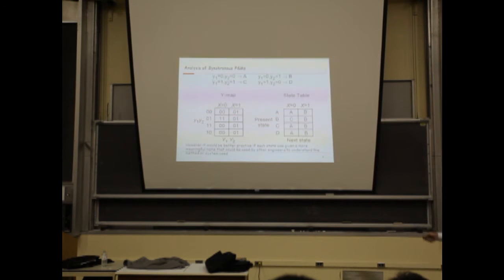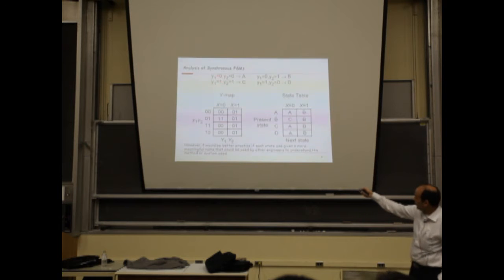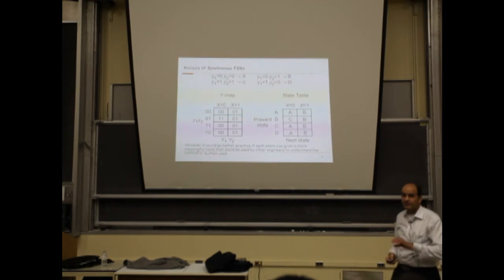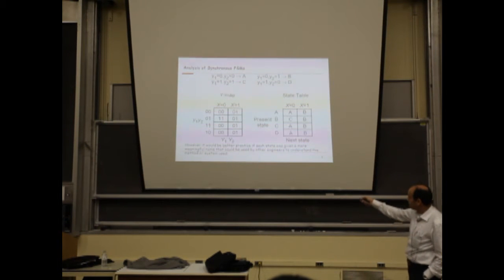So we went the opposite because this is analysis by assigning y1 0 and y2 0 as A, y1 1 and y2 1 as C, y1 1, y2 1 is B, and y1 1 and y2 0 is D. So these are my state variable coding that I have, and I coded them backwards to state names.